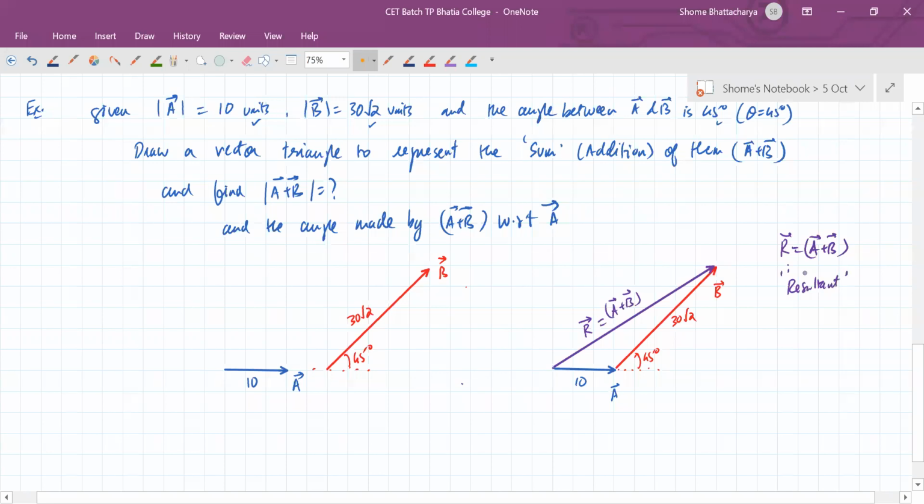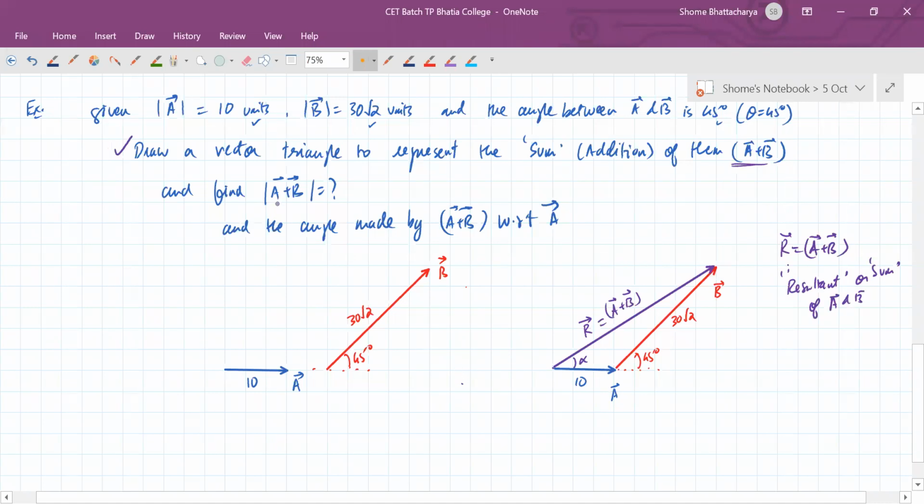Resultant means the same thing as sum of the vectors A and B. So that becomes this one, and this becomes alpha. So this does this job. We have drawn the vector triangle that represents the sum of the vectors A and B.